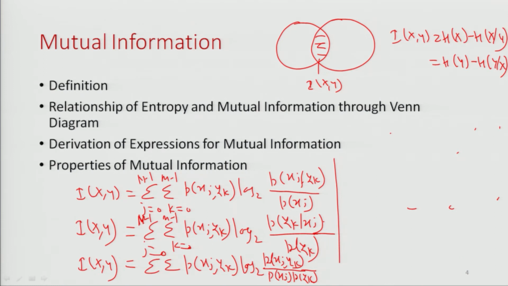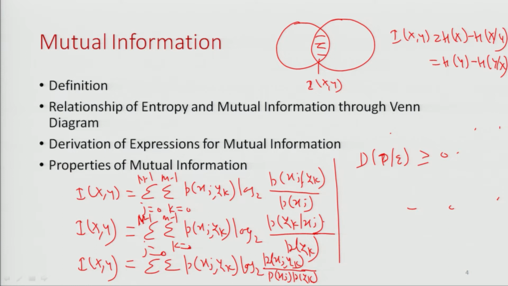Now, this third expression of I(X;Y) is nothing but the equation of the relative entropy, the summation of probability times log base 2 of probability P upon relative probability Q. As we know, the relative entropy D(P over Q) is always positive, which we derived in earlier classes.